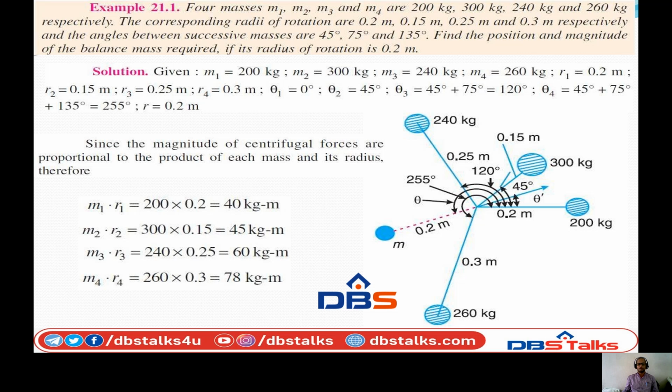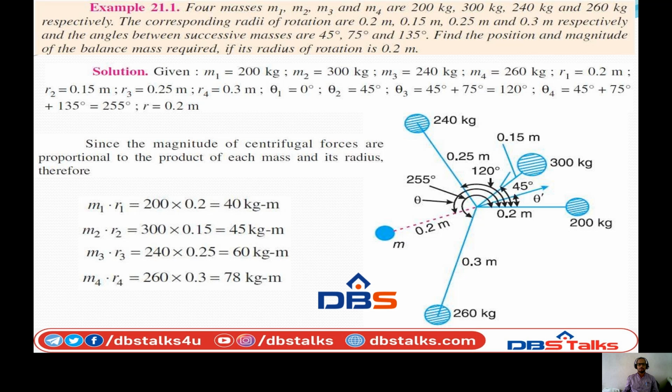Take a reference of 0.2 meter, which we can take as 2 centimeters for our consideration. For our scale value, draw a 2 centimeter line and make a ball shape which is of 200 kg. That is the reference, the first mass.